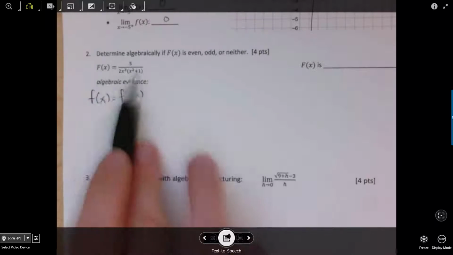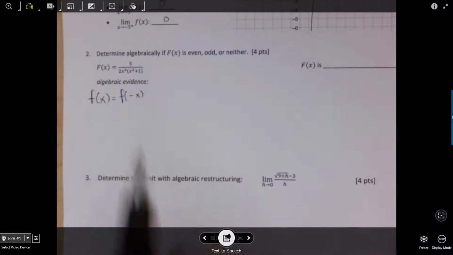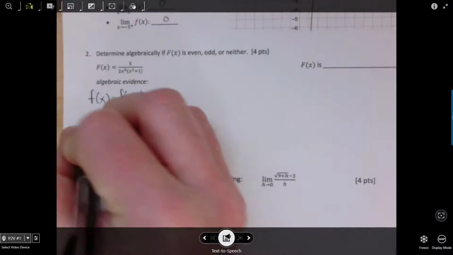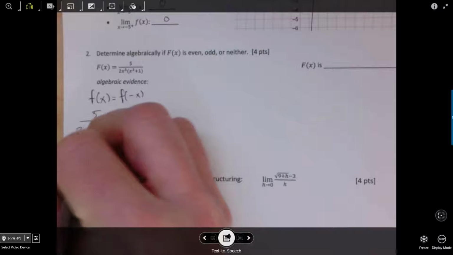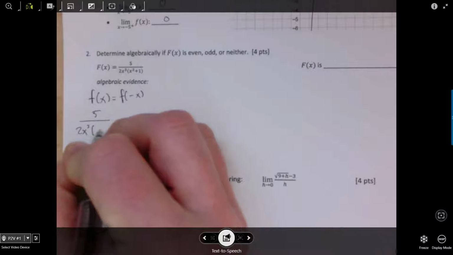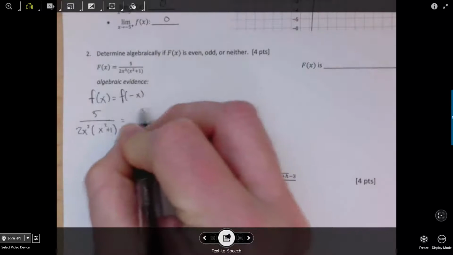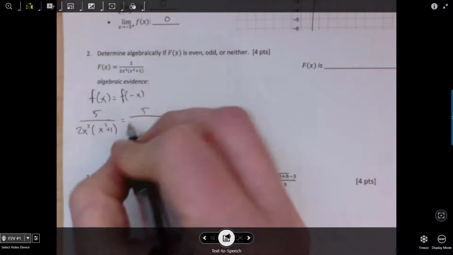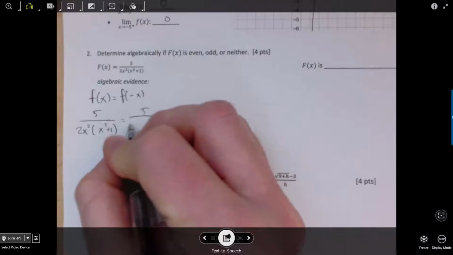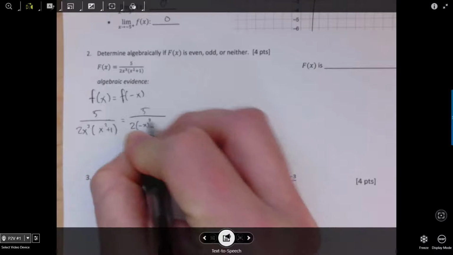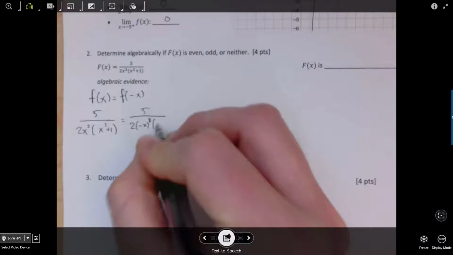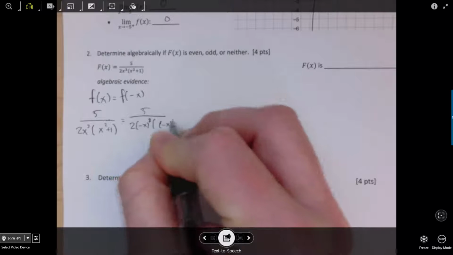So let's actually plug in f of x and see if this equation is true. On the left-hand side, we've got 5 over 2x cubed times x squared plus 1. And we're going to see, is that the same as if we substitute in -x? So we've got 2 times -x cubed times -x squared plus 1.